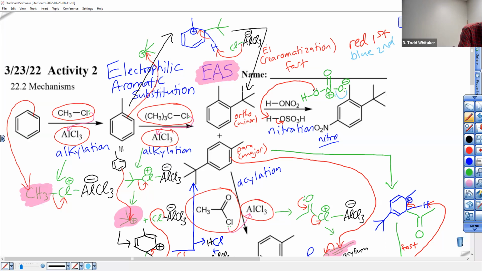Lone pair kicks in, leaving group leaves, and you've generated your nitro electrophile. Here it is. You want to see it? Of course you do. Where do I need it? I need it somewhere down here. There's your water. Okay. There's your electrophile.